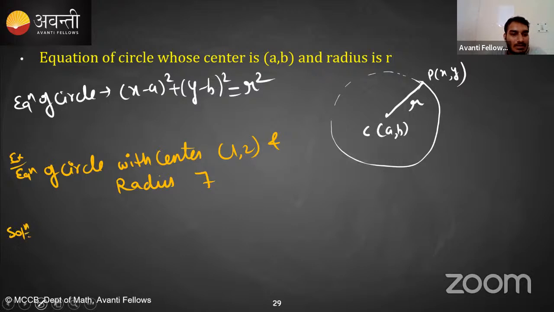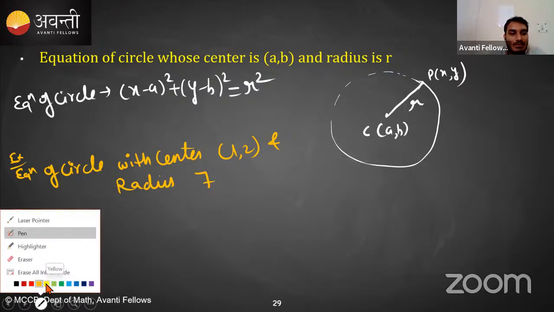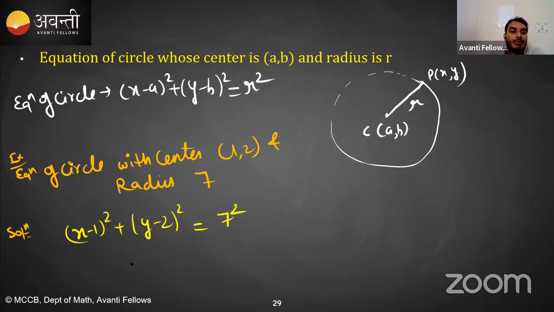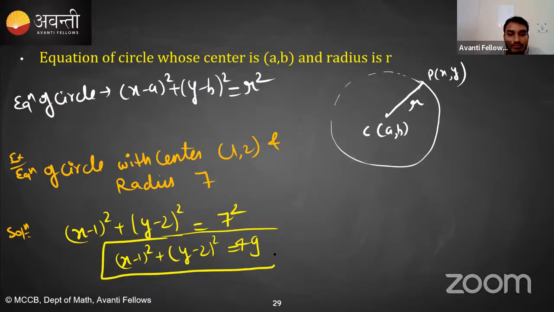Equation of circle with the center 1, 2 radius 7. So x minus 1 whole square plus y minus 2 whole square is equal to 7 square. Simple. Okay. So x minus 1 whole square plus y minus 2 whole square is equal to 49. Is this clear everyone? Is this clear or not? Quickly let me know in the chat box.